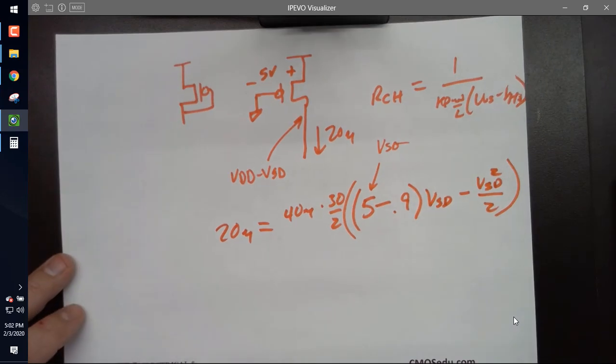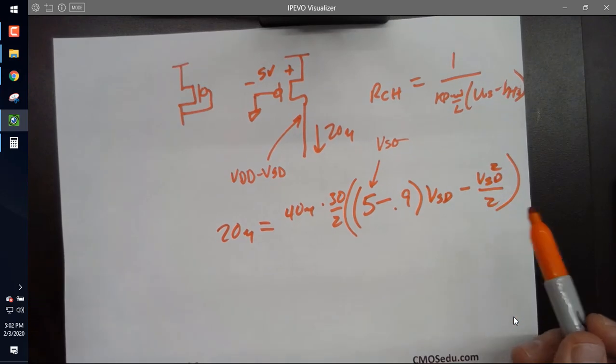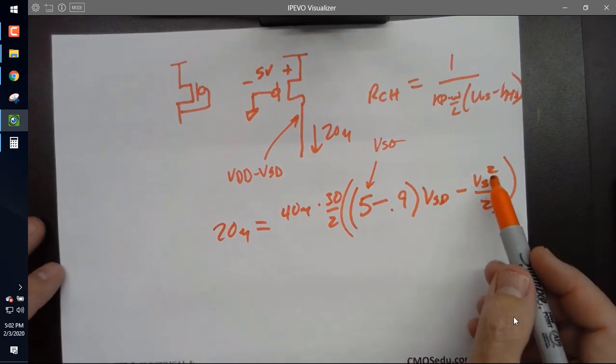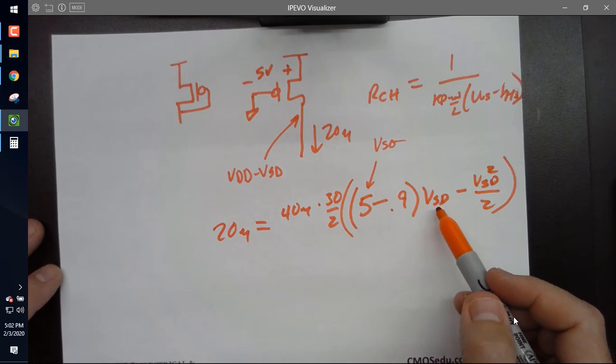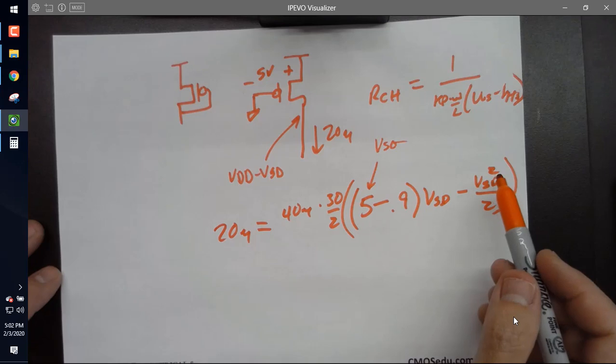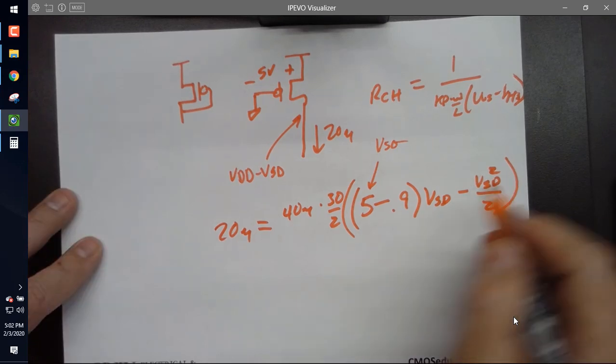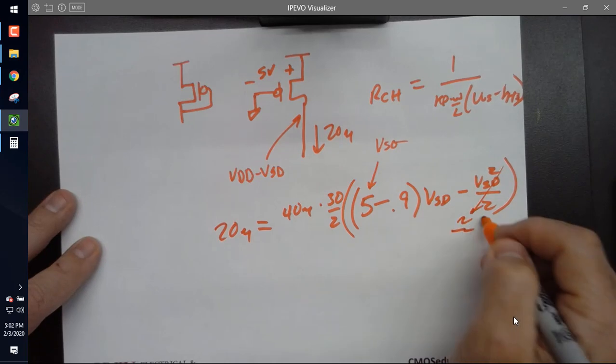So I know that VSD is going to be small, so let's say it's 10 millivolts. How is 10 millivolts squared compared to 10 millivolts over here? 0.01 squared is 0.0001. So I'm going to say this is approximately 0 for all I care.